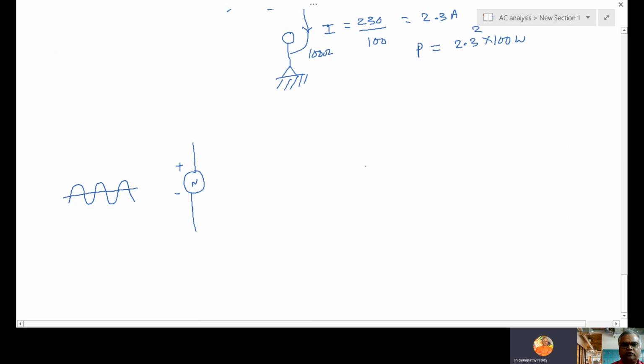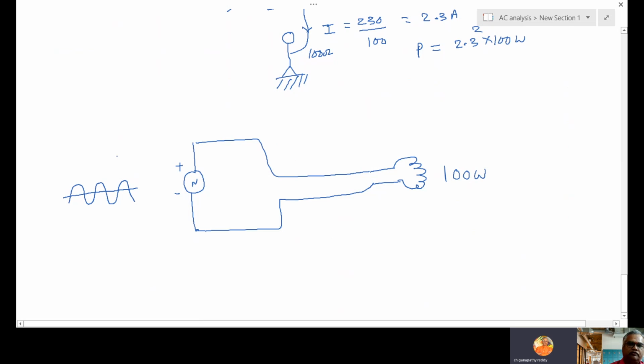And if this is given to a filament type bulb, and if it is connected like this, now take a 100 watts bulb example, voltage of 230 volts, in Indian system 50 Hz.